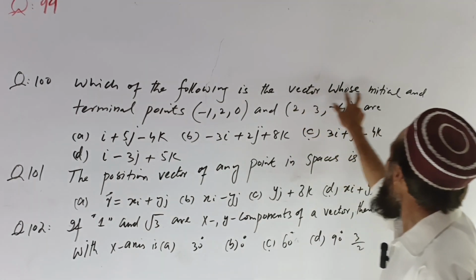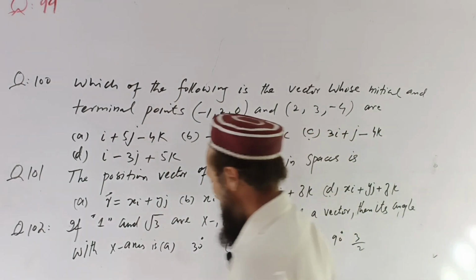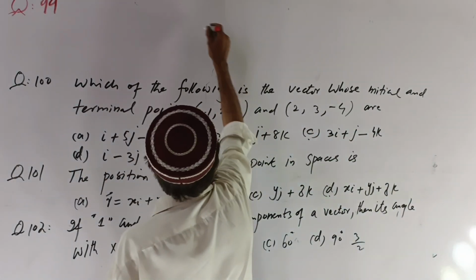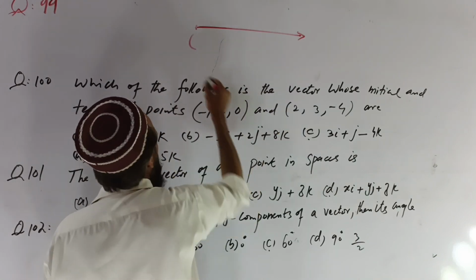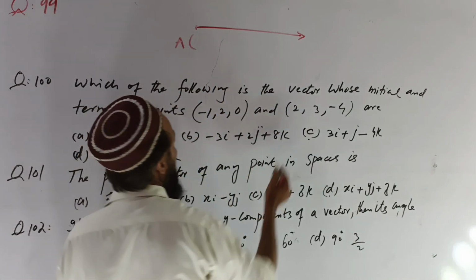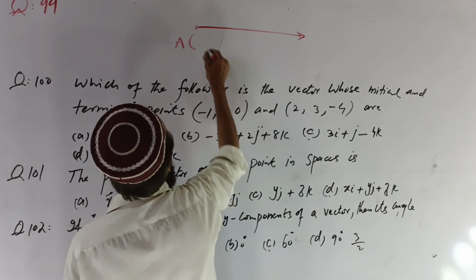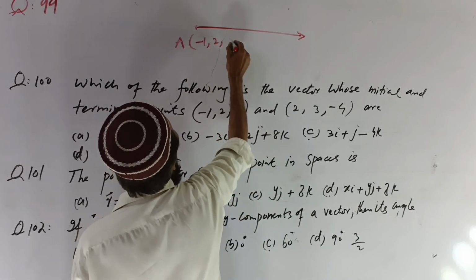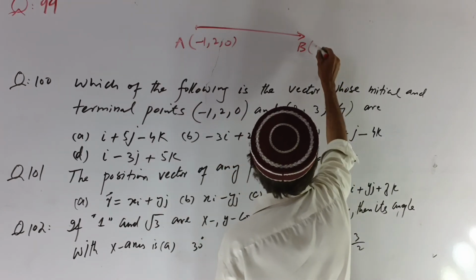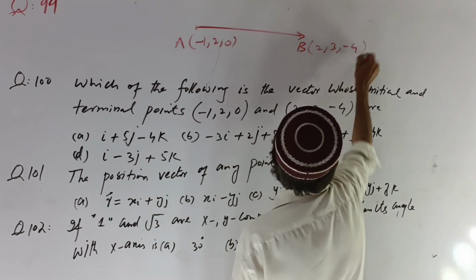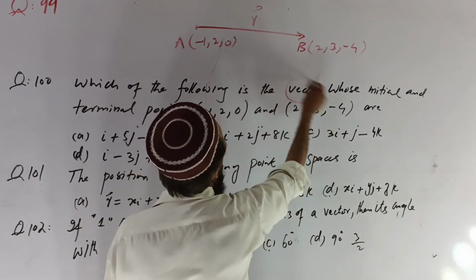Next is the vector whose initial and terminal points are given. So look here, the initial point is given, we give the name A, and the initial point is -1, 2 and 0, and the terminal point is given as 2, 3 and -4. So the vector is required here.